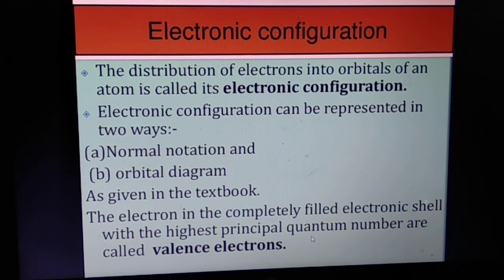I am asking two questions here, students. What is the electronic configuration of chromium, my dear children? Anyone, can you tell me? Yes, you are absolutely correct. Chromium is argon 3d5 4s1. Now the second question. Can you tell me, students, what is the electronic configuration of copper?